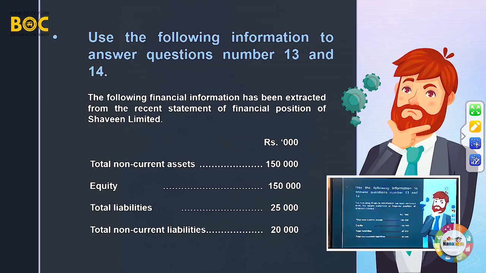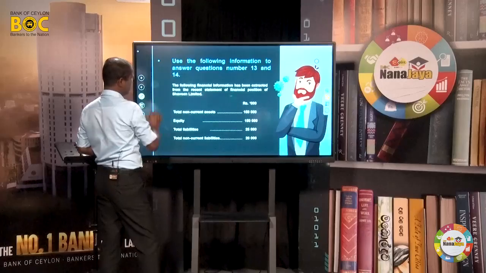So questions number 13 and 14 are based on the information given. So read it. The following financial information has been extracted from the recent statement of financial position of a company.